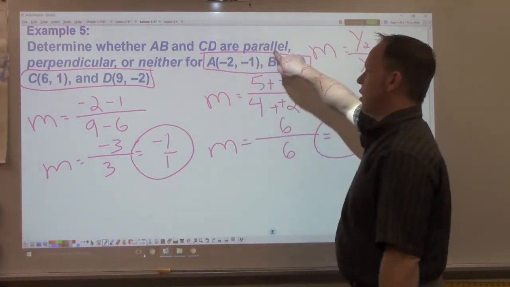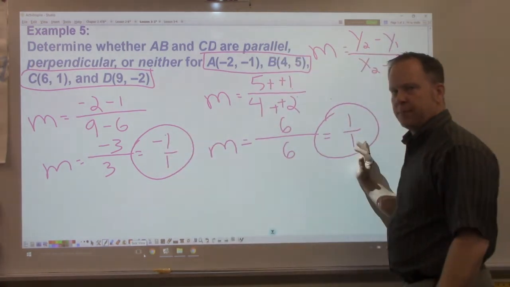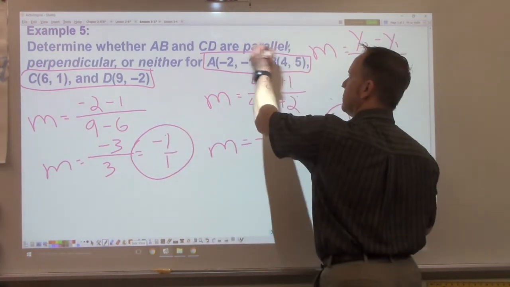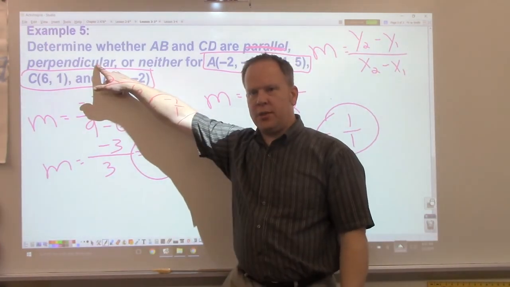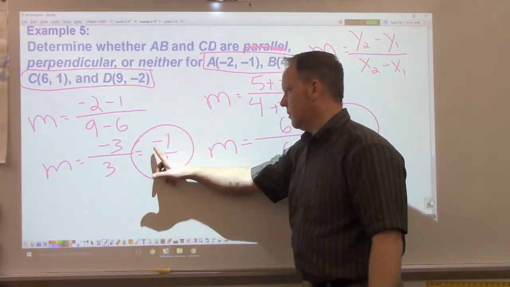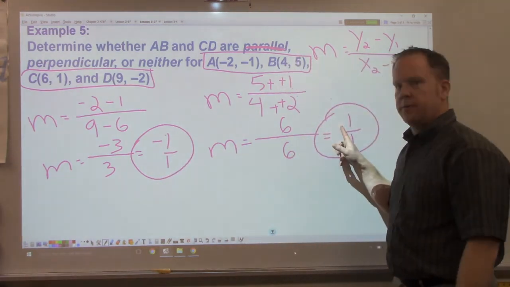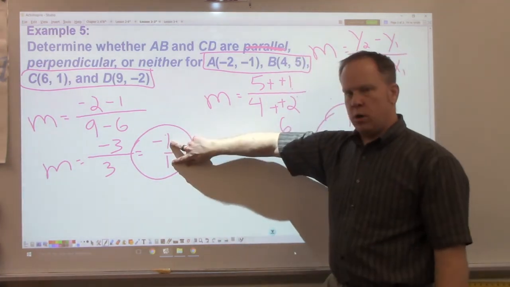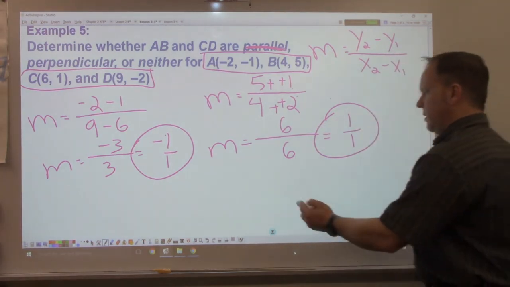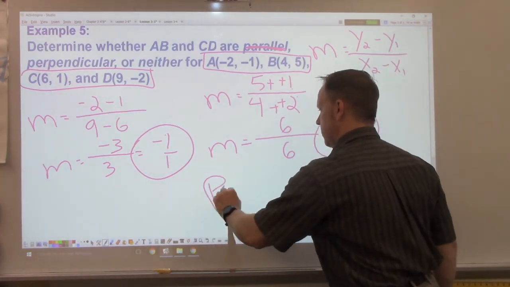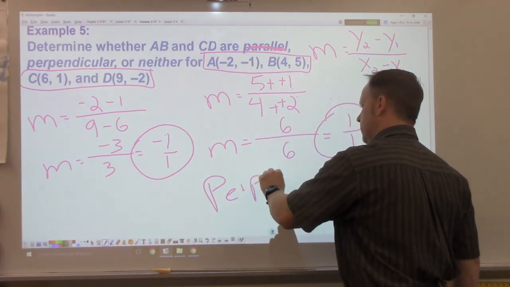Now, again, are they parallel? Are they exactly the same? Perpendicular. Are they opposite reciprocals? Negative, positive, yep. If I take 1 over 1 and flip it, do I get 1 over 1? Yeah. So these lines are perpendicular.